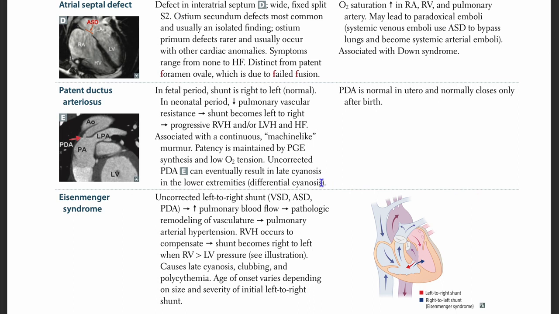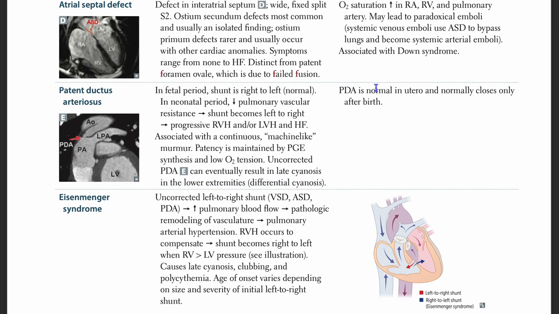That there's occlusion somewhere, but then they ruled that out. So then you need to remember, okay, PDA does this, and it usually happens later in life. So there are chances that it's PDA. How do you get there? Is that because uncorrected PDA can eventually result in late cyanosis in lower extremities.